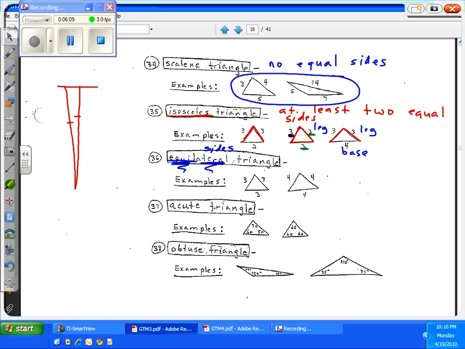And so in an equilateral triangle, all sides are equal, or it has 3 equal sides. That's classifying triangles according to the lengths of their sides.